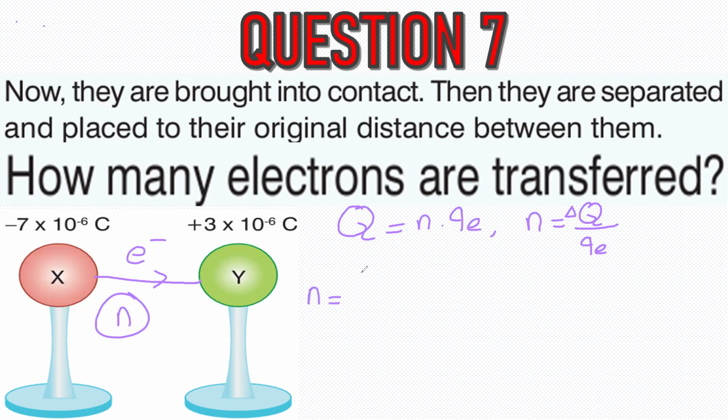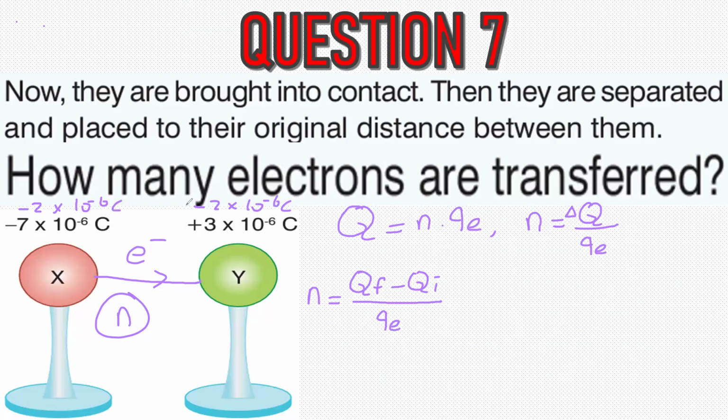N equals (Q final minus Q initial) over Qe. All right. So delta means change in charge, because we calculated Q final already. If we didn't calculate it in the other question, we should calculate Q final first, and then calculate the number of electrons transferred. We calculated, and then we said -2 times 10 to the power of -6 minus 2 times 10 to the power of -6 coulombs.